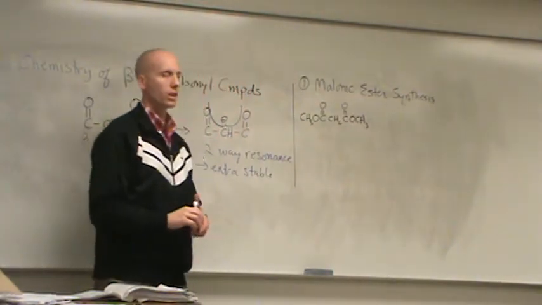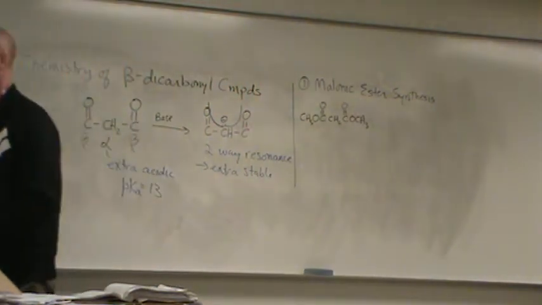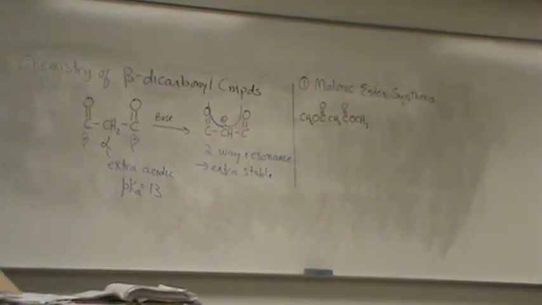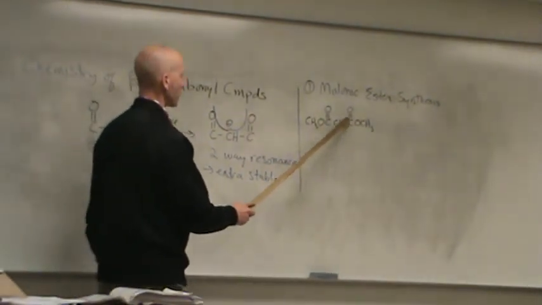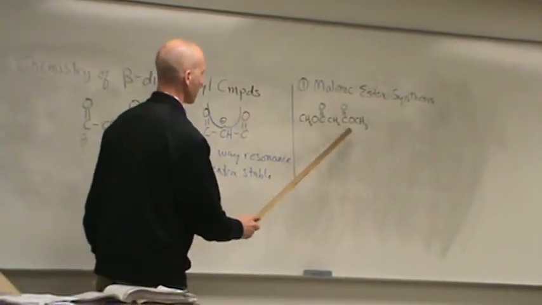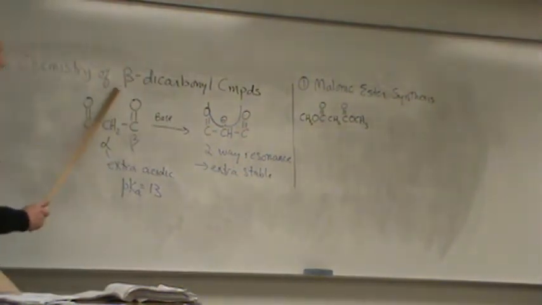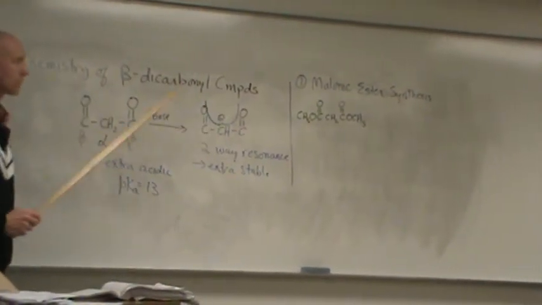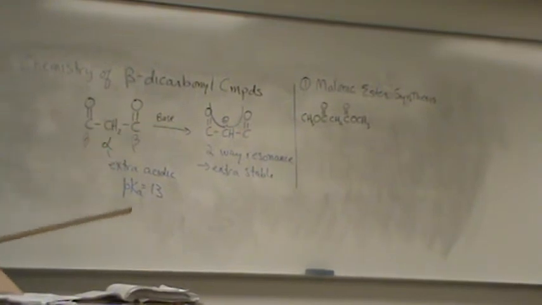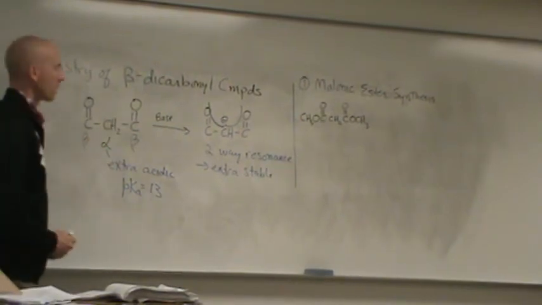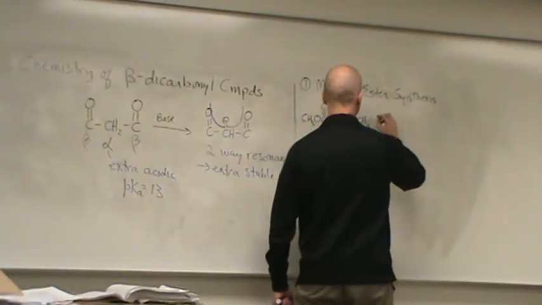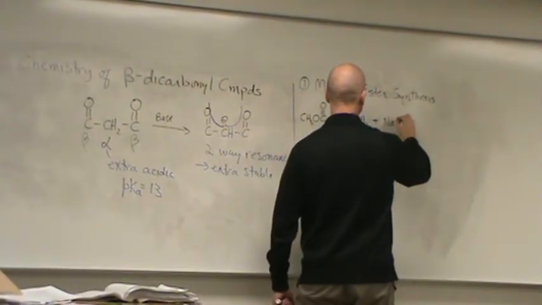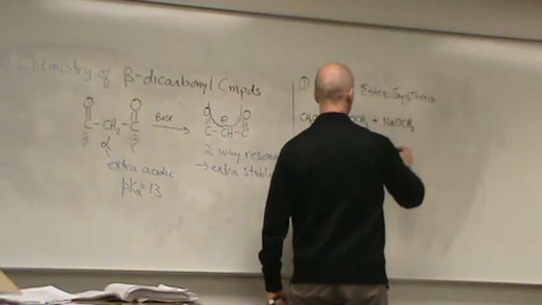So if you look, we have a diester, and we have that CH2 between two carbonyls. So this is a beta dicarbonyl compound. And what we want to do, let's react it with base.